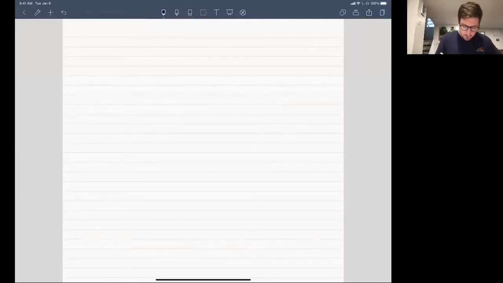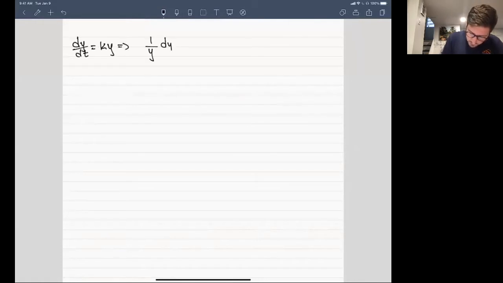Now, I'll remind you that in the previous video, we had this exponential growth and decay model that looked like this. And the way that we solved this thing was by dividing off y. So we had 1 over y dy dt is equal to k. And then what we did is we slapped an integral around this thing.